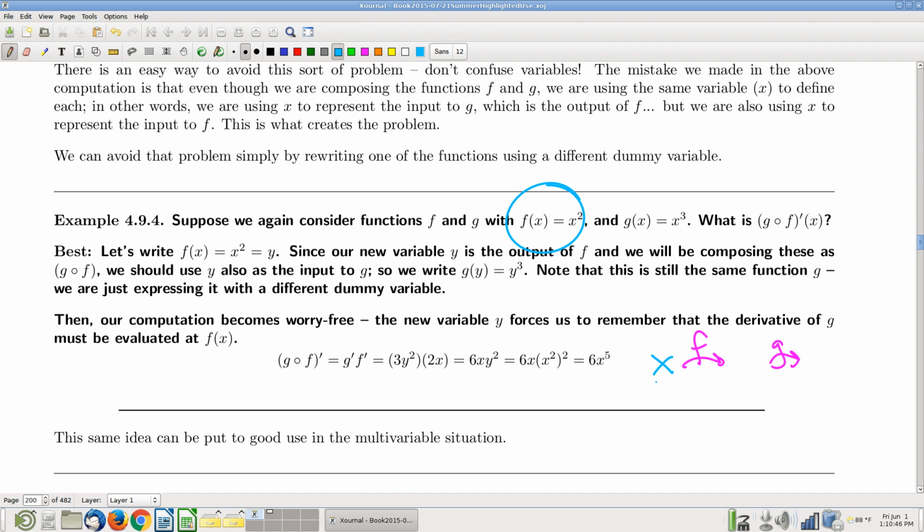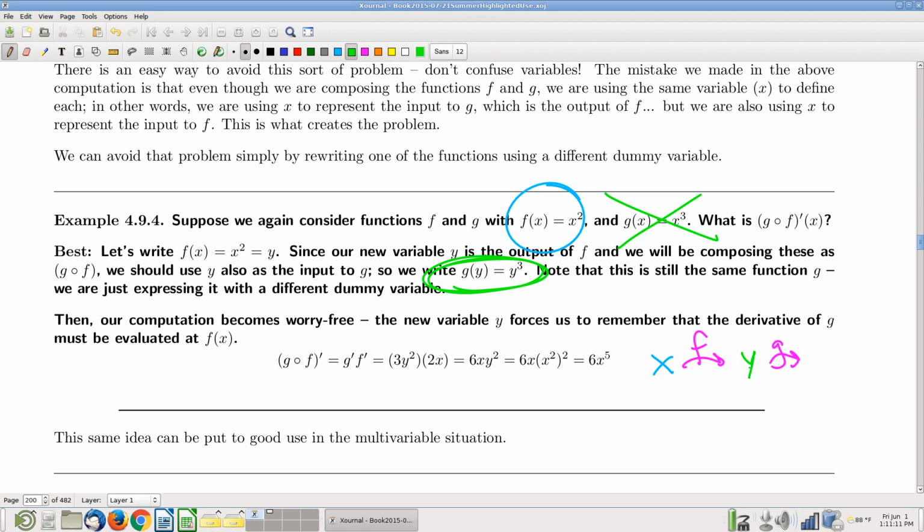But I'm now going to rewrite G not as a function of X. That's super confusing, totally inappropriate in this context. I'm going to rewrite G as a function of Y. Let's think of it: it's the same function, just a dummy variable telling me what the function G is doing. It's taking whatever input I give it and cubing it.